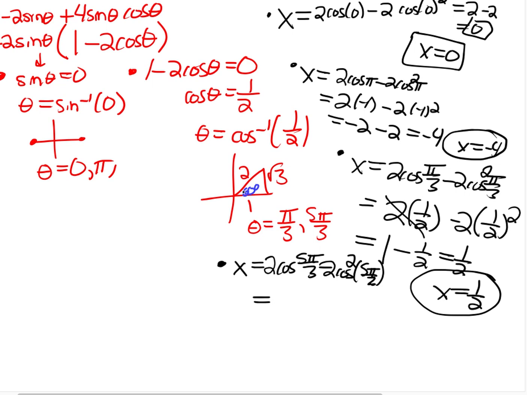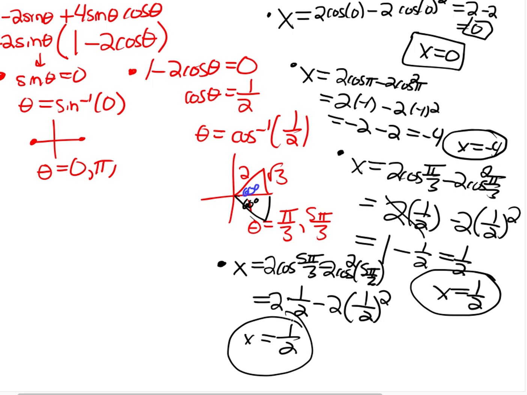So 5 pi over 3 cosine is going to be the same thing, isn't it? Like down here, at 5 pi over 3. So that's going to be 2 times 1/2 minus 2 times 1/2 squared. Okay, yeah, that's going to be the same thing, right? That's going to be x equals 1/2. So it looks like that was redundant as well.